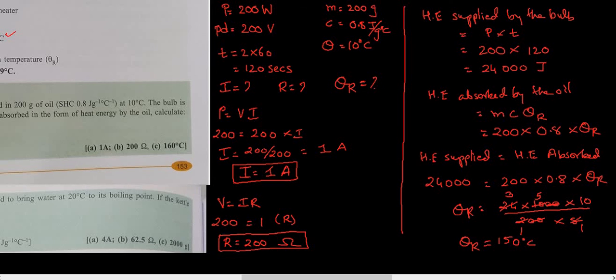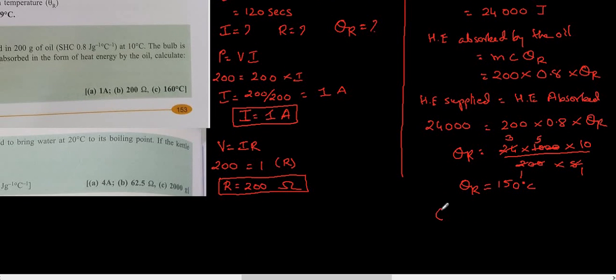So what was the final? Now it is asking the final temperature. You have to find out the final temperature of the oil. So now, if you see final temperature, we will write final temperature here. Final temperature is equal to what? Theta plus theta R. So what was the theta? 10 degrees centigrade.